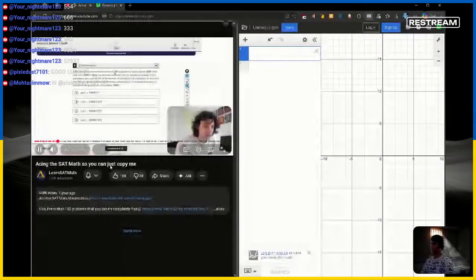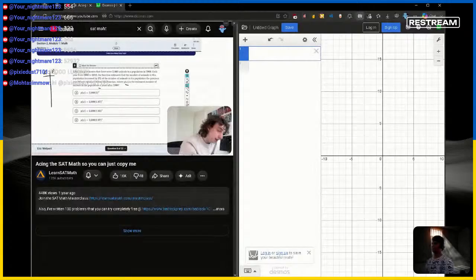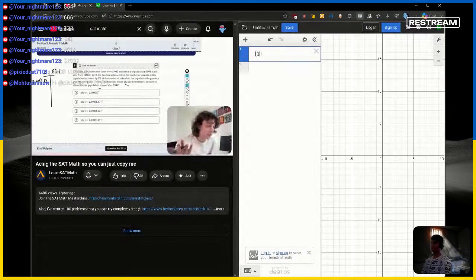A function p estimates there were 2,000 animals in 1998, and each year from 1998 to 2010, the number of animals increased by 3% of the previous year. Which equation defines this function where p of x is the number of animals in the population x years after 1998? When x is 0, that's the year 1998, and in 1998 there were 2,000 animals.